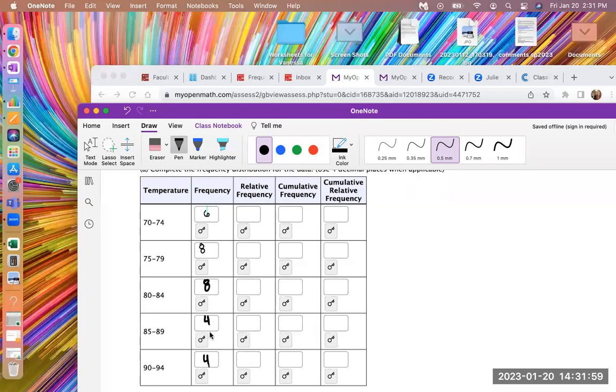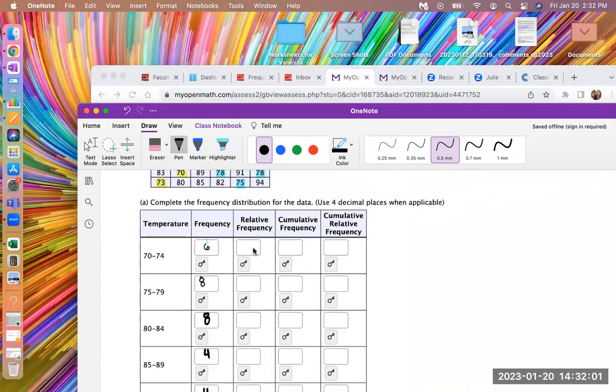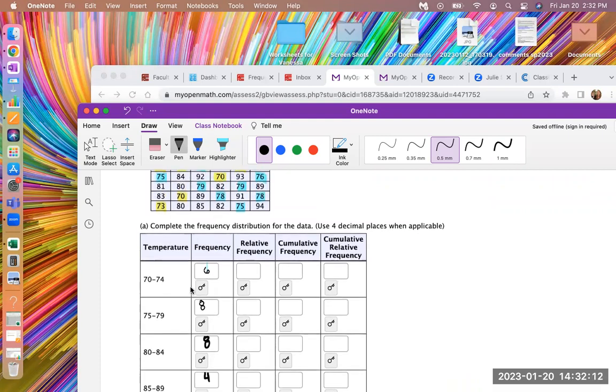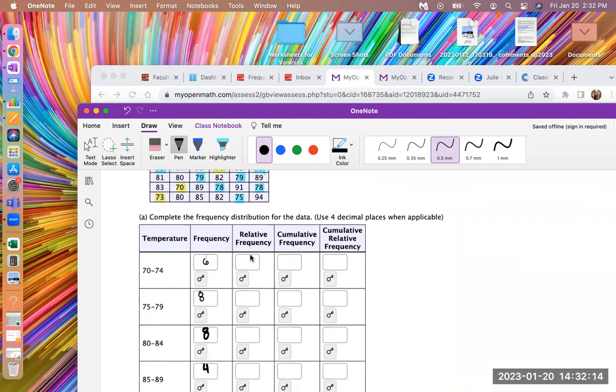Okay, so I filled them all in for the frequency. Now we have to find relative frequency. Relative frequency, if you write it as a percent, is the percent of the total. They're asking what is the percent of the total observations up here that are between 70 and 74.